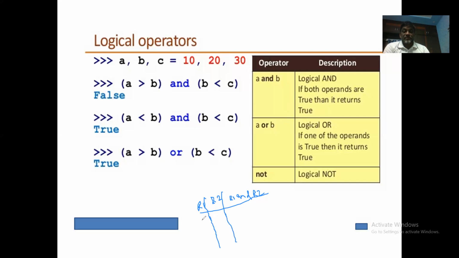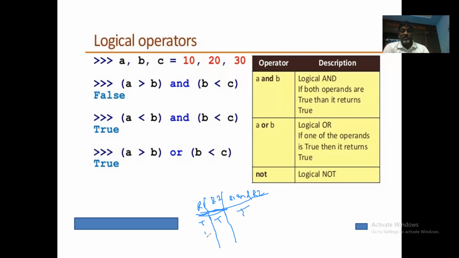Logical AND operation returns true only if both the relational expressions are true. That means if R1 is true and R2 is true, then R1 and R2 is going to be true.